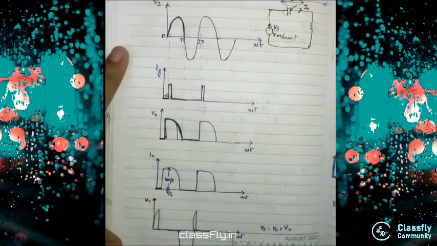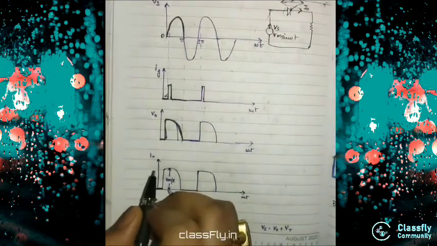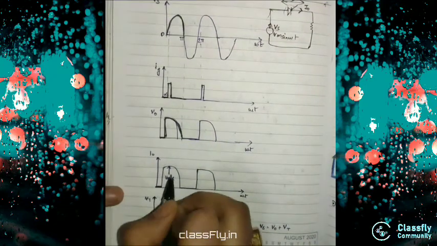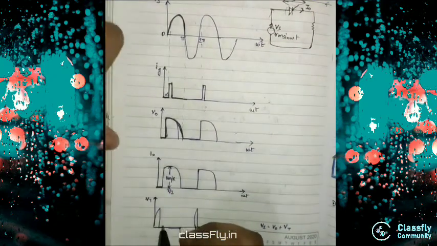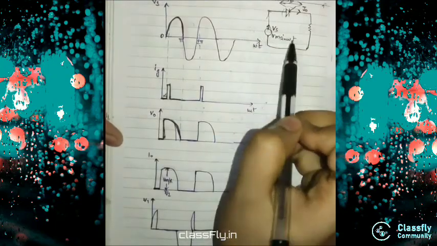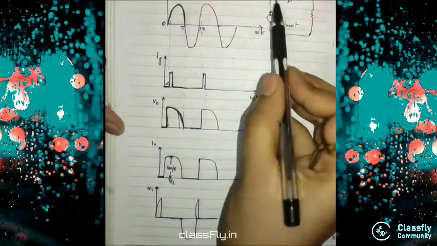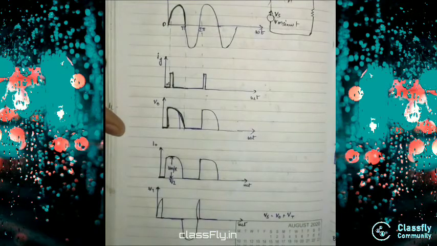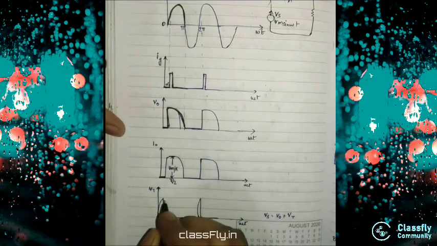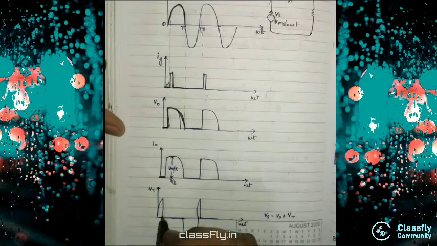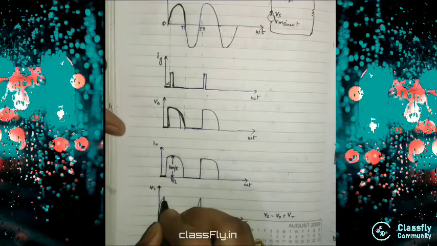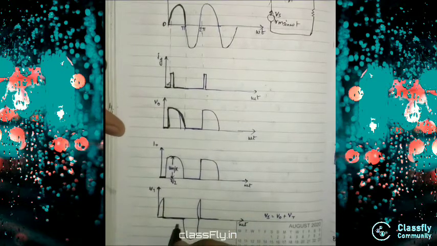So this will be Vm by R, because we know current is V by R, and here the maximum voltage is Vm. And at the starting there will be some voltage supply. So there is a voltage being supplied, and at the triggering point it will have no drop, so it will be again on the line.